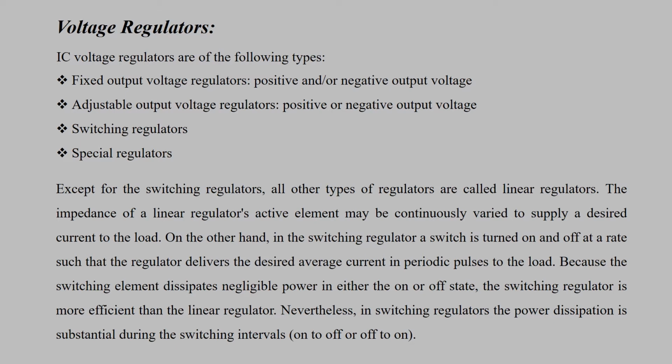Because the switching element dissipates negligible power in either on or off state, the switching regulator is more efficient than the linear regulator. However, in switching regulators the power dissipation is substantial during the switching intervals, that is, the on to off and off to on intervals.